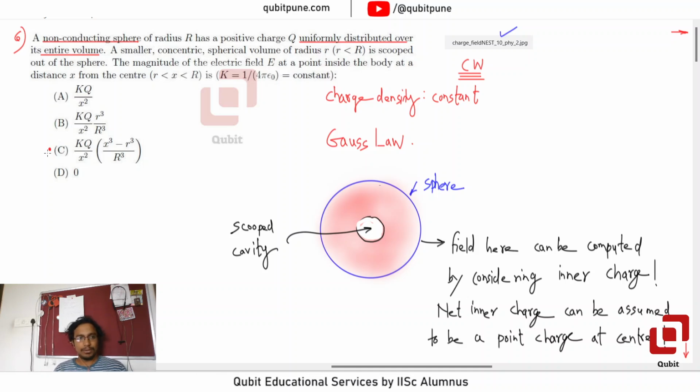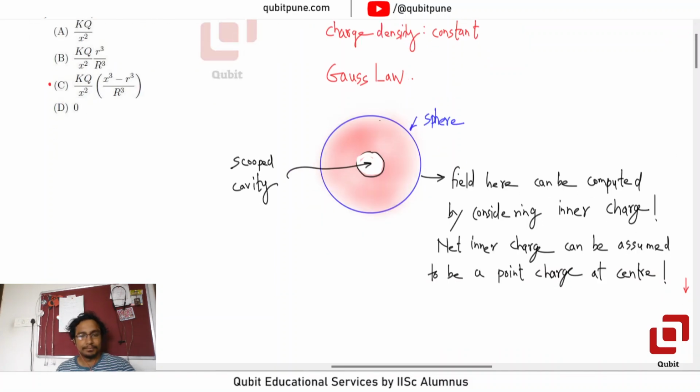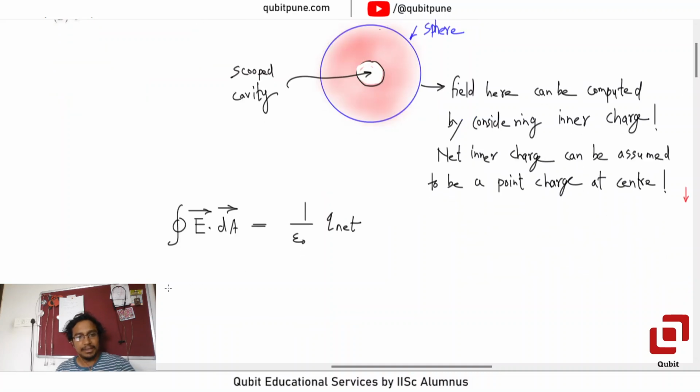Yes, come on. What about others? Okay, let's apply Gauss law. ओके, क्यों नेट एनक्लोज्ड फील्ड निकालना है, वो तो रेडियल है आउटवर्ड, सो 4πr² बोल सकते हैं उसको.